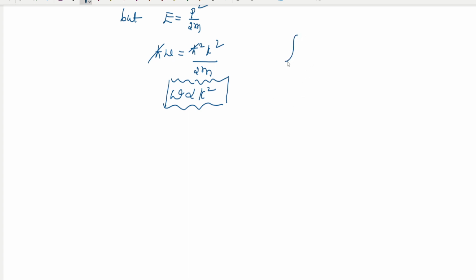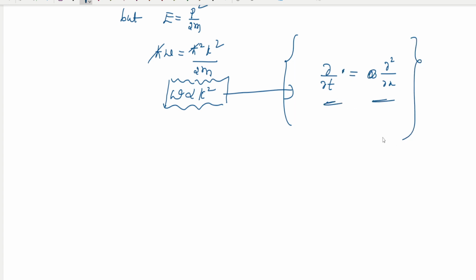To satisfy the dispersion relation omega proportional to k square, what I mean is dou by dou t, where time is a single derivative, and space is dou square divided by dou x square. Some constants are there, no need to worry about that. This is the type of equation they want, and if we solve it we need to get this dispersion relation.